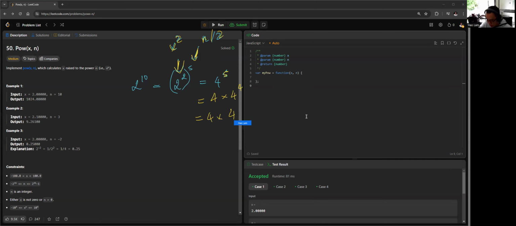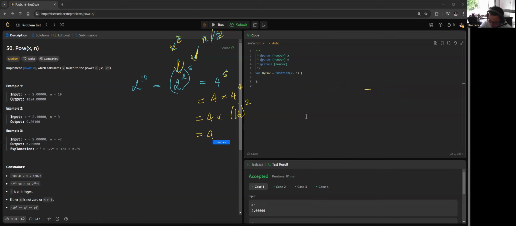We can keep going. 4 multiplied by 2, so 16 to the 2. 4 to the 4 is equal to 4 to the 2 multiplied by 2, which is the same as 16 to the 2. So just divide n by half and square the x.